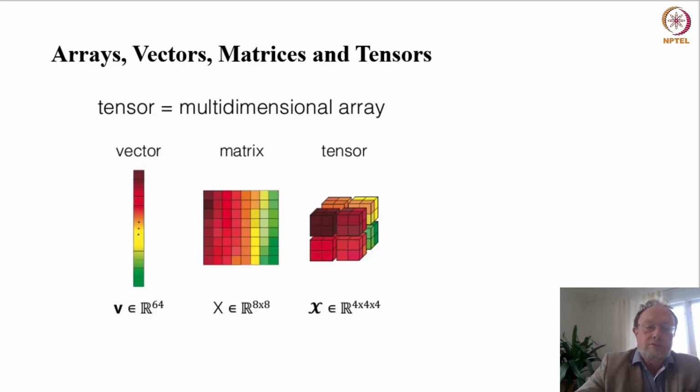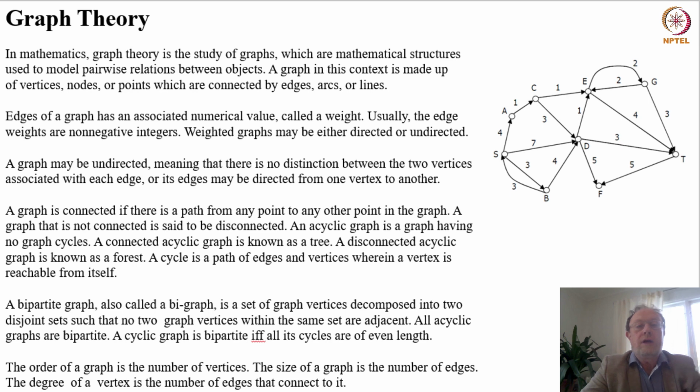So this second slide is just an illustration of the last, showing in some graphical form what is typically meant in the literature by a vector, matrix, and tensor, in the sense of being different variants of an array with various dimensions. So now let's turn to another very important topic.